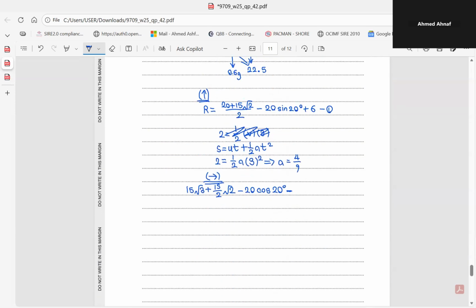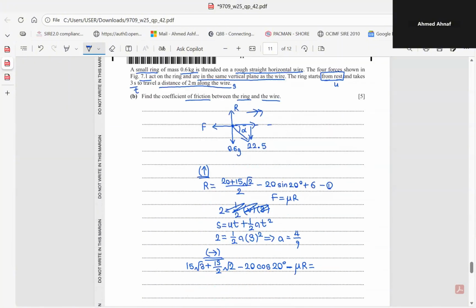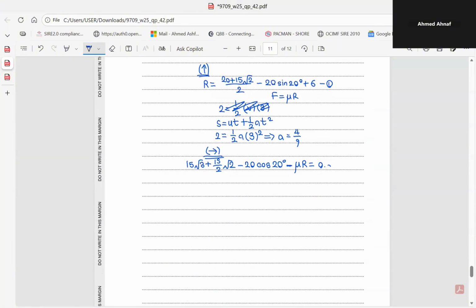So f, we can substitute with mu R. That's equal to ma. So m is 0.6 and a is 4 over 9.